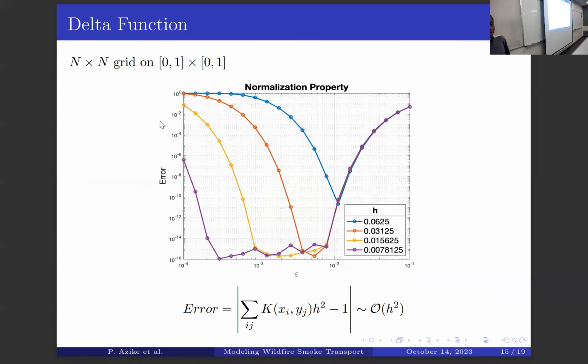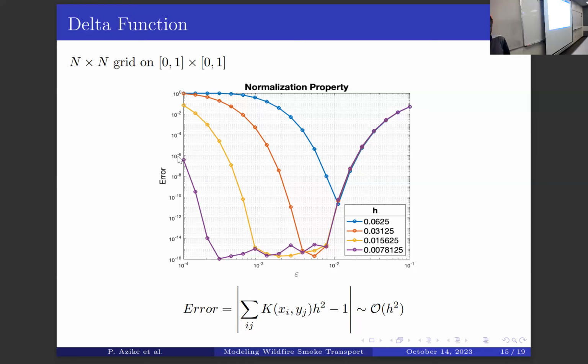So we tried to verify that in 2 dimensions. We picked different values of n: 16, 32, 64, and 128. And then we measured the error, the difference between the heat kernel and 1.